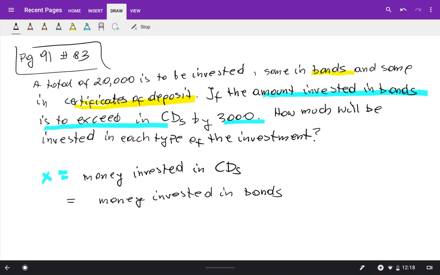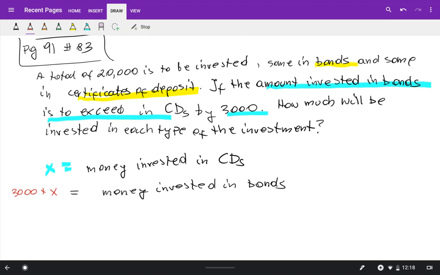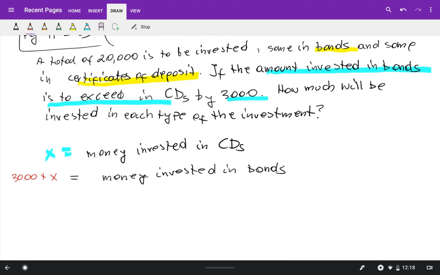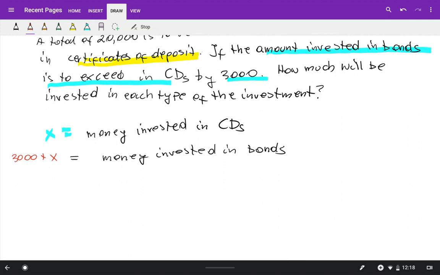So that will be 3,000 plus X, because we don't know yet how much we invest in CDs, but we know that in bonds we'll invest 3,000 more. So now we need to figure out how much money we invest in CDs and how much in the bonds.